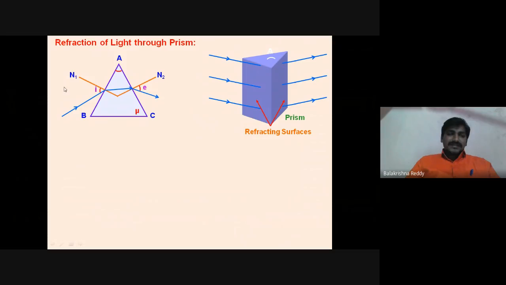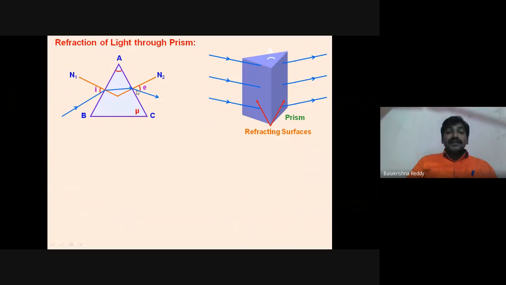Since this is normal one, we know that in any refraction, the angle we make with the normal we call angle of incidence, and the angle made with the normal while the light ray is refracting we call angle of refraction. Usually at the first refracting surface we have the angle of refraction R1. And at the second refracting surface, the incident light ray makes angle R2.